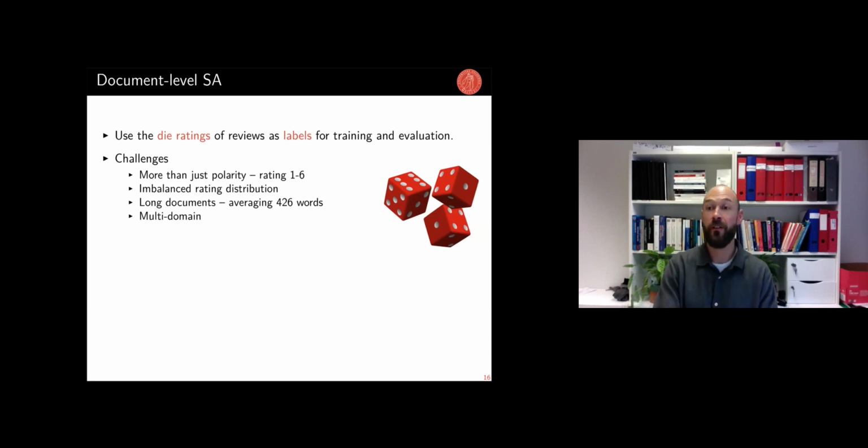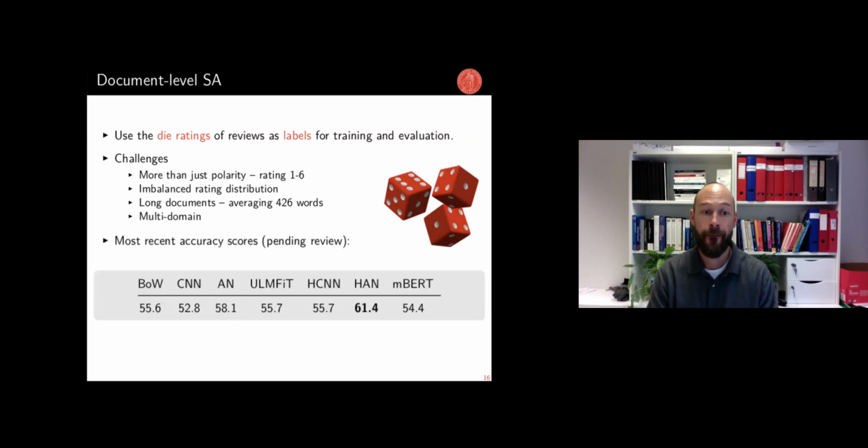Also the documents are fairly long, more than 400 words on average. And it's a multi-domain data set, and NLP models' performance is known to deteriorate once you try to jump between different domains.